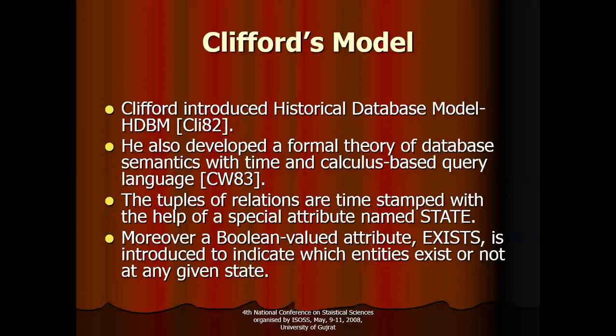And when we talk about calculus based, it means that we have predicates, and we use those predicates or conditions to represent queries. So his model is basically based on the calculus-based query language, which he proposed in 83.